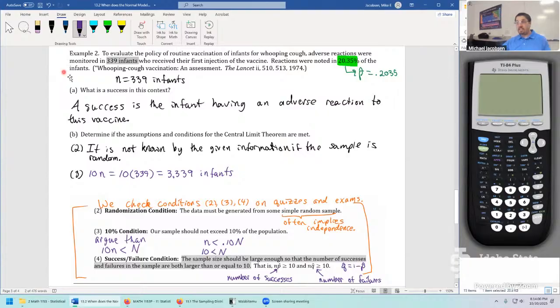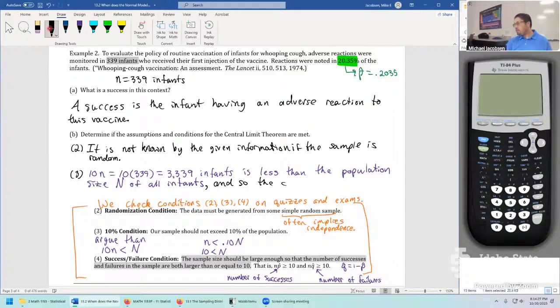And we could say here that this is less than the population size n of all infants, and so the condition is met.